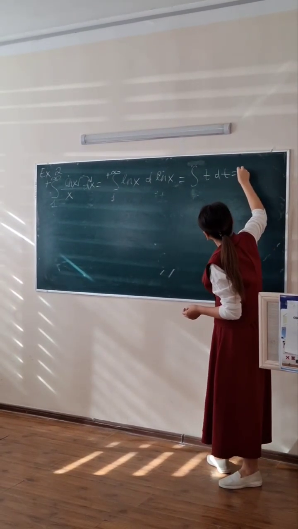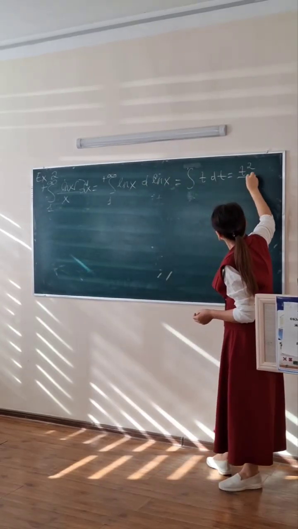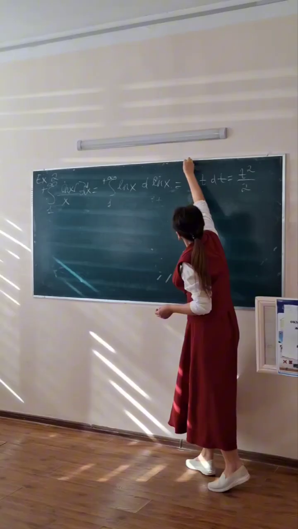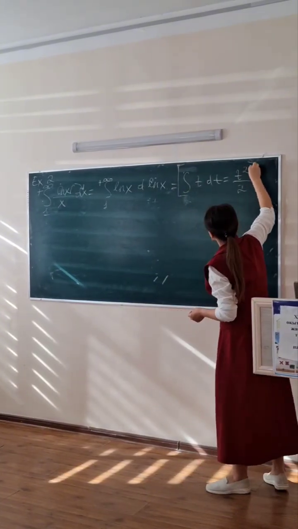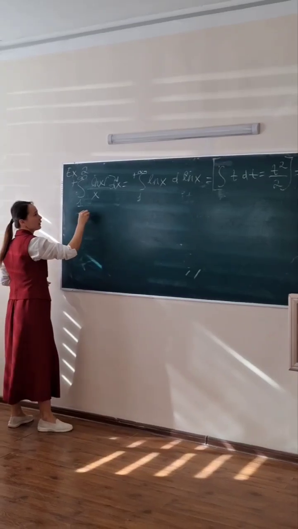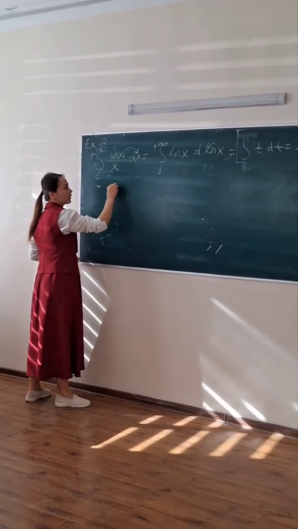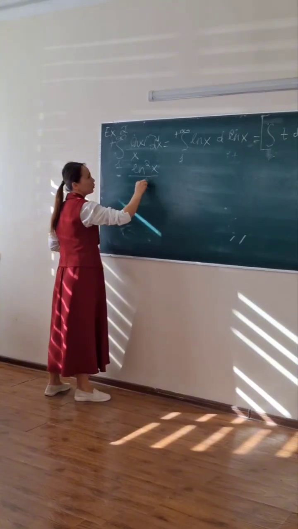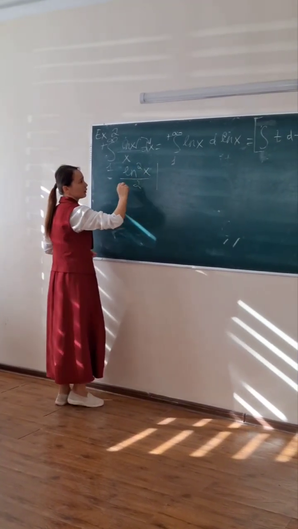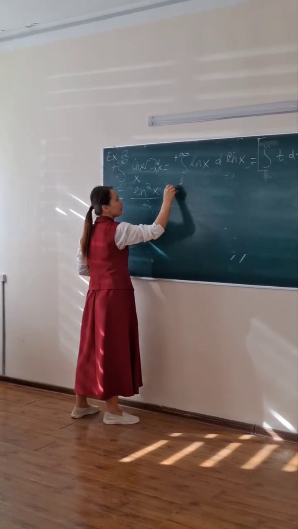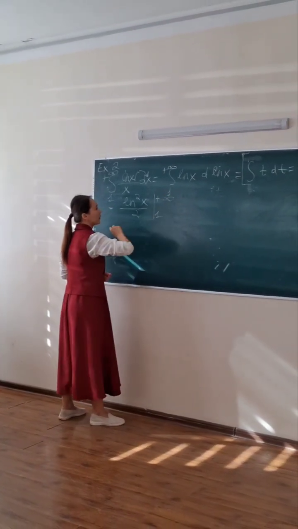We all know this is equal to t squared over 2, and we replace t with ln x, so the result is ln squared x divided by 2, with limits 1 to plus infinity.